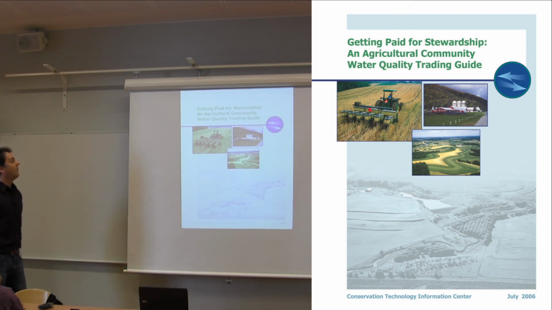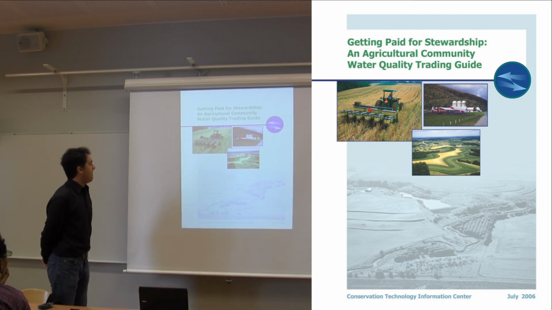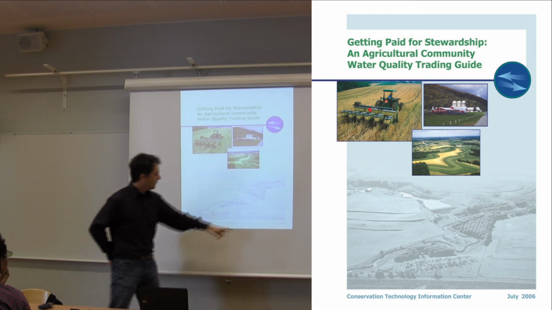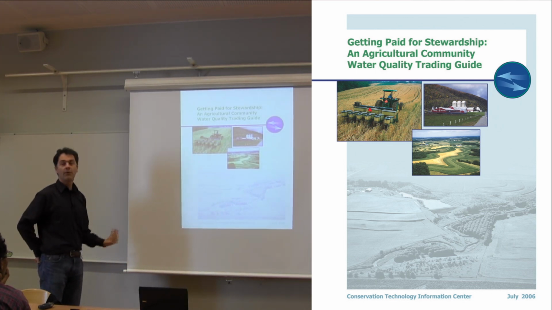So let me talk about this program. The idea is to get paid for reducing emissions. If you go on the Environmental Protection Agency website, you can find this report that has been published in 2006, which is, as I said, a voluntary program.